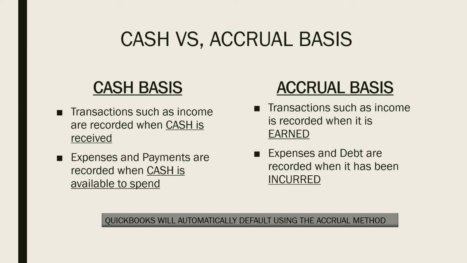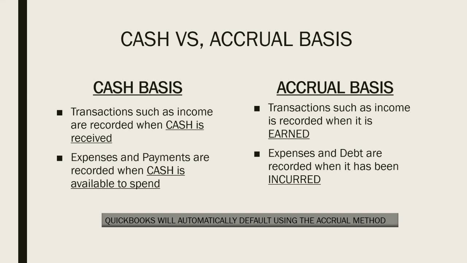Okay? So when we talk about cash basis, we are referring to recognizing income and expenses when cash is readily available. Okay? So here we have a specific condition. We must receive cash in our hands to be able to record that we have generated income.